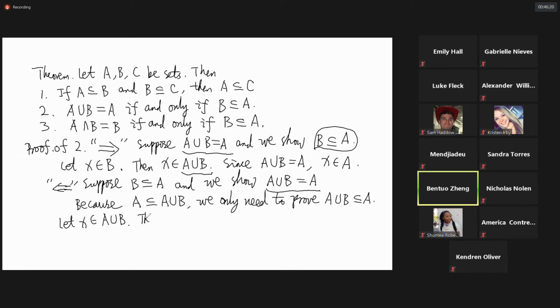Then by the definition, X is in A or X is in B. Now we have to use our assumption here.